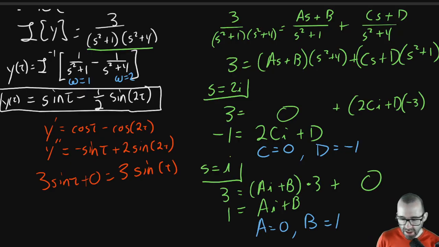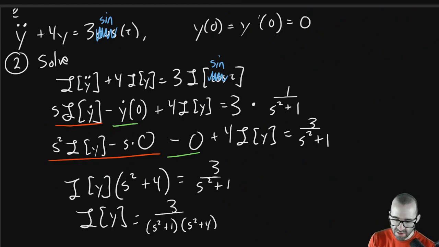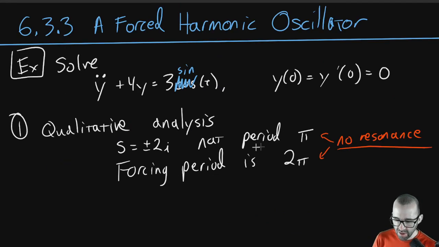Okay. Now, what we can do really quickly is we can graph this and see whether our qualitative behavior is satisfied. Right? We said there should be a natural period of pi. We said that should be different from the period of the forcing function. We said there's no resonance. And again, this is all much the same, whether it's sine or cosine.